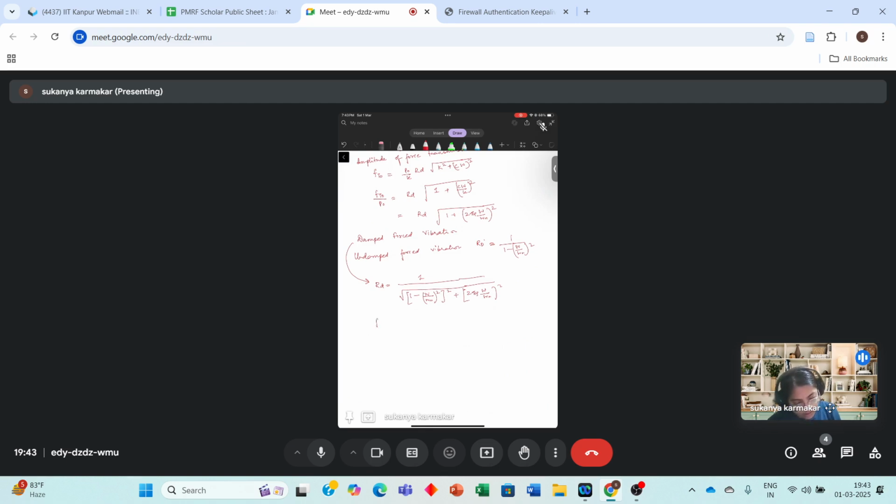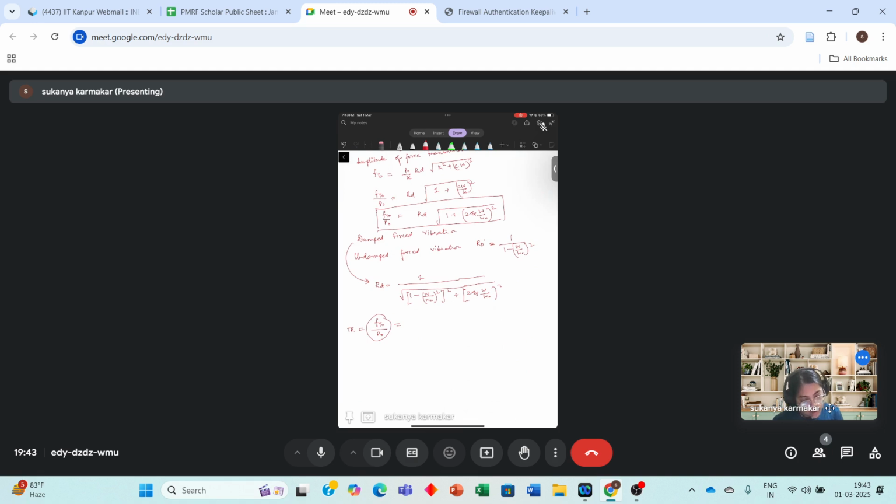So here in this ratio, I want to substitute the expression for Rd from here, and this ratio is known as transmissibility or TR.